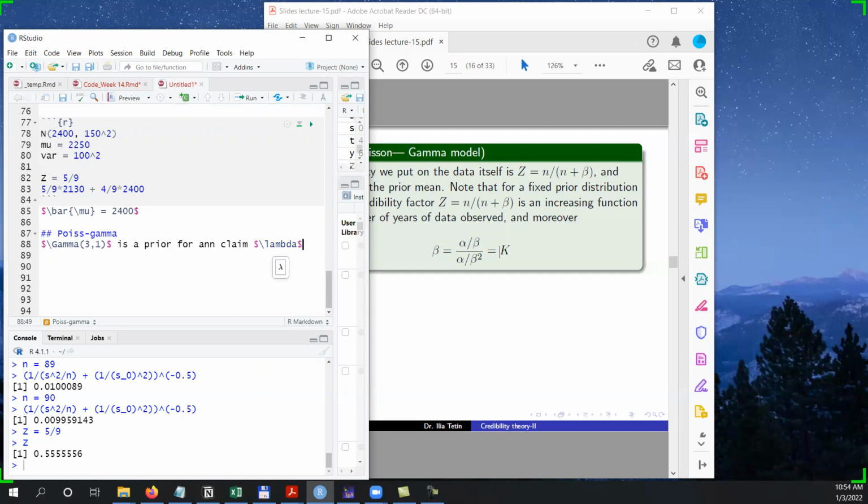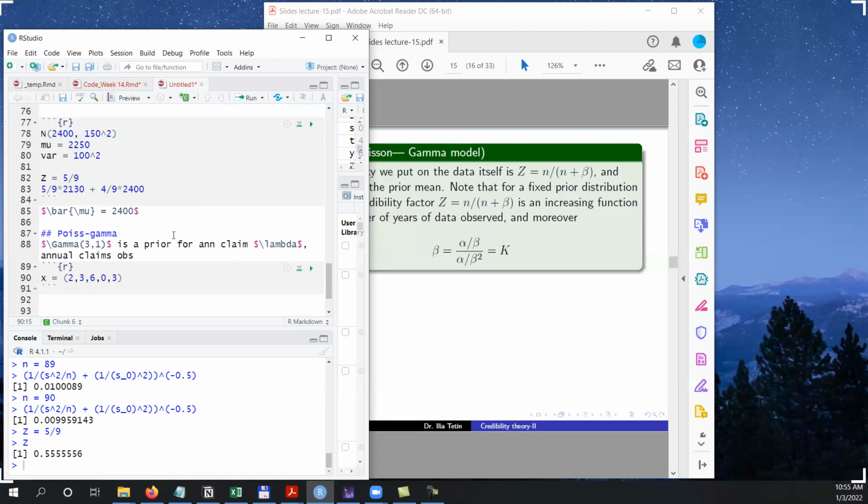And that the numbers of annual claims observed in a 5-year period are, let me insert, 2, 3, let's say 6, let's say 0, let's say 3. So we have a 5-year period.